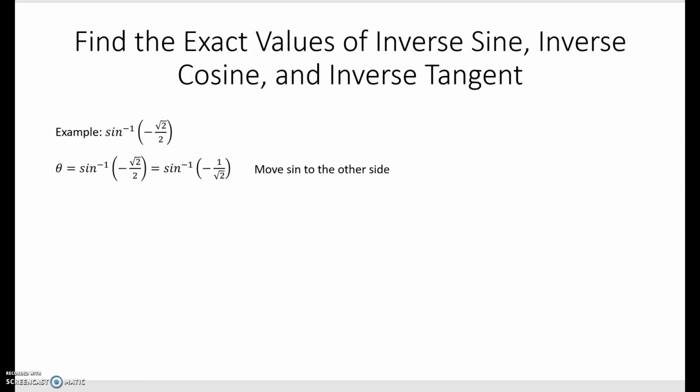Okay, so the inverse sine of negative square root of 2 over 2. Now what we're going to do is set this equal to theta, because that's what we're looking for. We're looking for angles here.